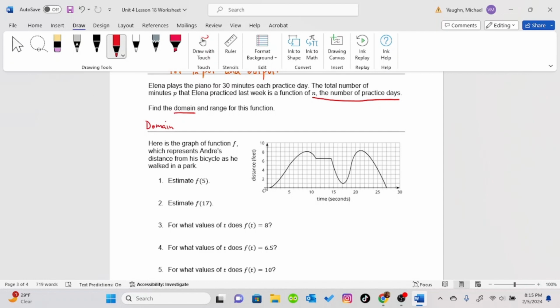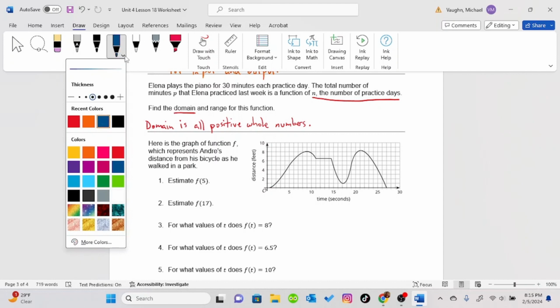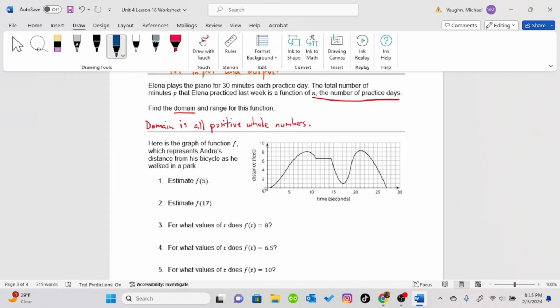And they would need to be positive numbers because she cannot practice negative days. So the domain is all positive whole numbers. The range is talking about the output. And the output is the total number of minutes, P, that Elena practiced last week.